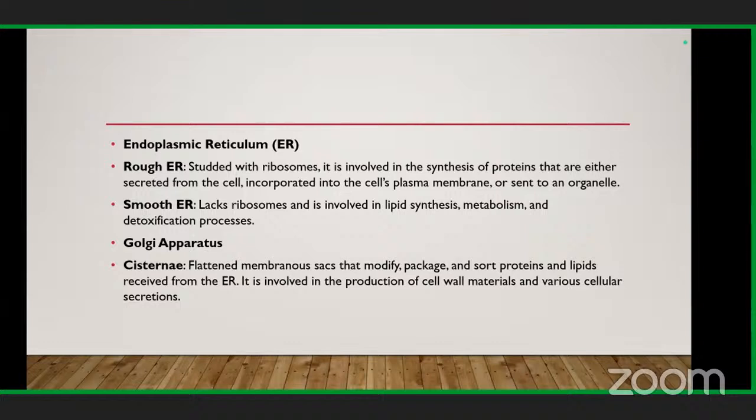It is involved in the production of cell wall materials and various cellular secretions. Whatever the cisternae receive from the endoplasmic reticulum, the lipids and proteins, they modify if needed, then pack, sort, and deliver to the destination where it is needed. Basically, the Golgi apparatus acts as a modification and delivery agent, like Swiggy, Zomato.